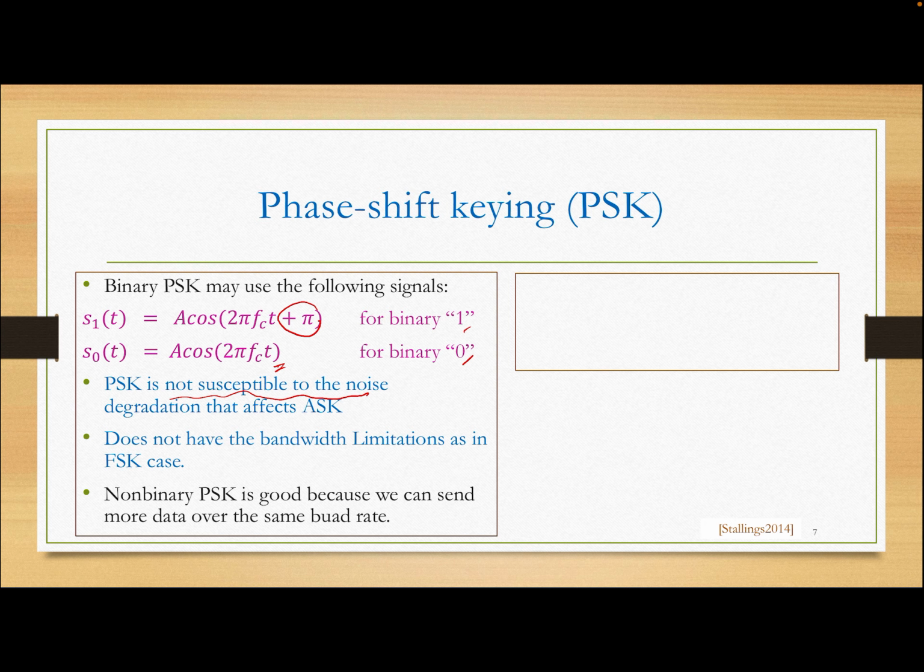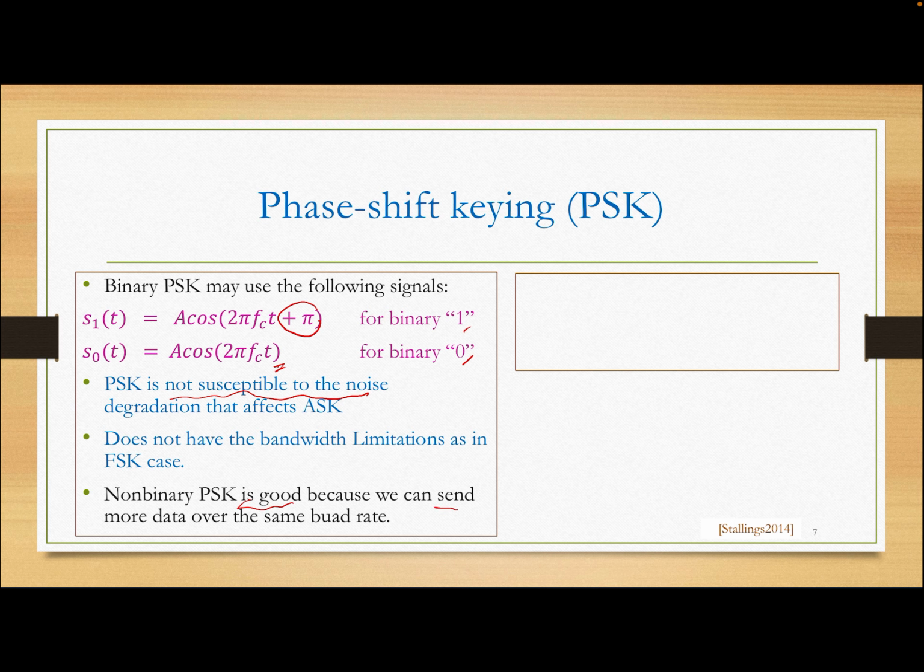But PSK is better in terms of the bandwidth limitation. I just told you that if you use something like 16 FSK, you have to increase the bandwidth, right? But for the PSK, we do not need to increase the bandwidth. We can use the same bandwidth. So this is good.